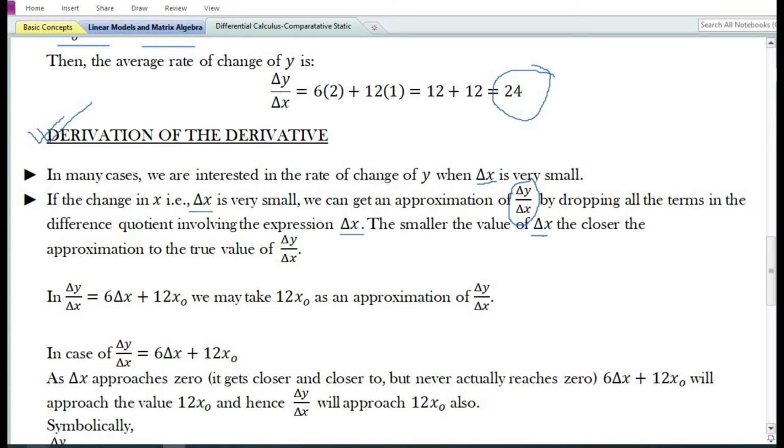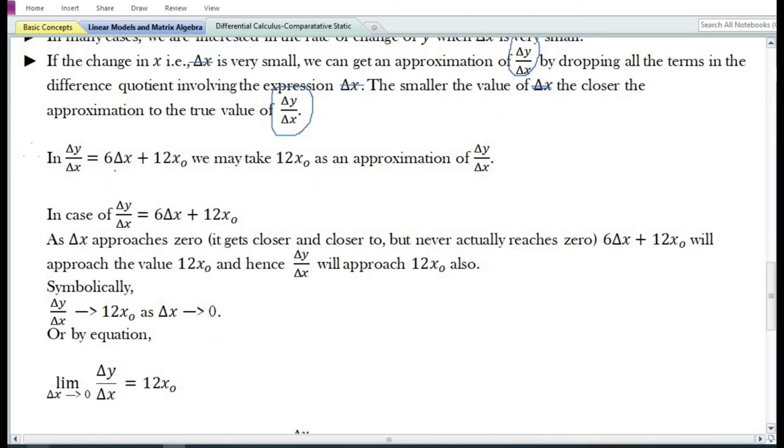The smaller the value of del x, the closer the approximation to the true value of del y by del x. If the change in variable x is very small, that is delta x is very close to 0, we may take 12 x subscript 0 as an approximation of delta y by delta x.